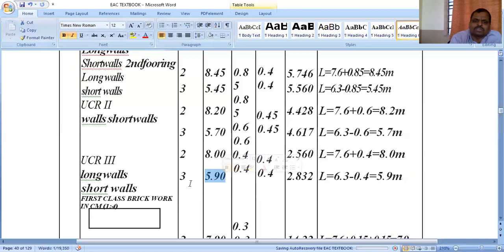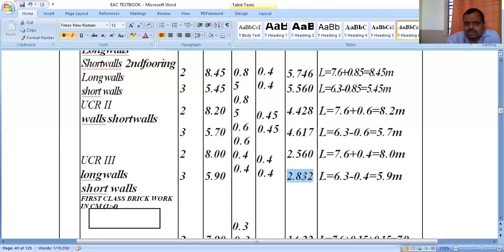Just multiply 3 into 5.9 into 0.4 into 0.4. So it will be 2.832.